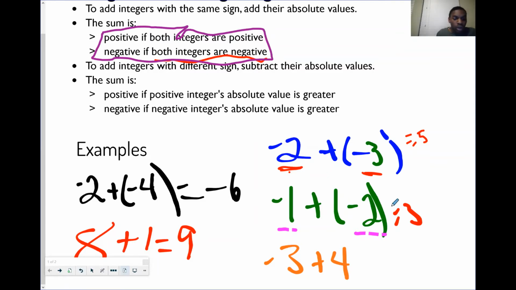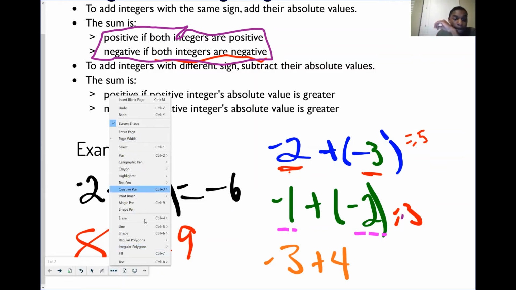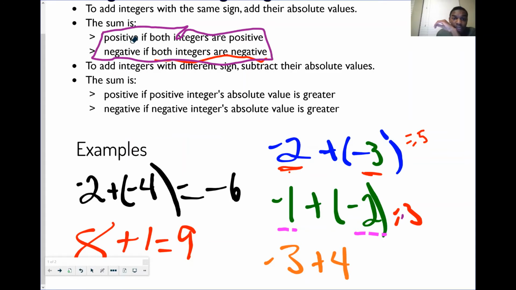So it's going to be negative 3. Now, if I see a positive 3, that is incorrect. Because why? Because you did not follow the rules that are right there. It's very important that you follow the rules.